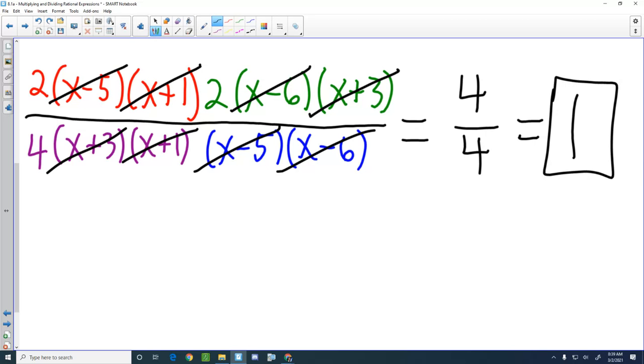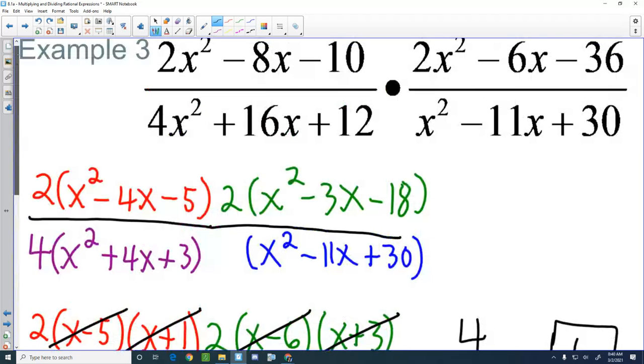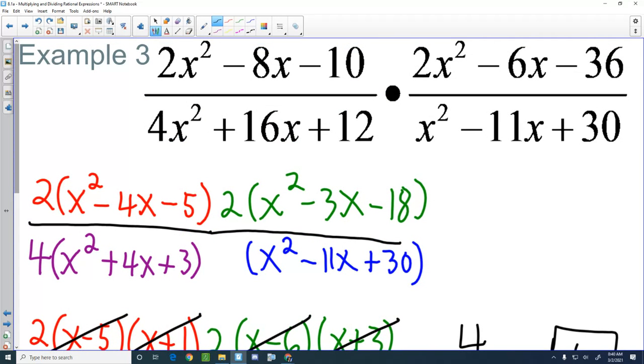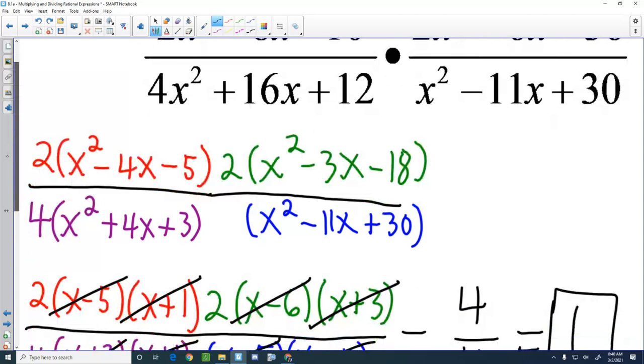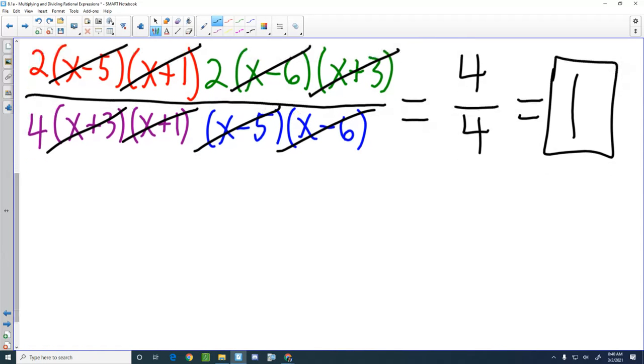How crazy is that, right? Anyone think that ever happened? Look at what we started with, that insanity that you're like, I'm not even going to write that example down. It's way too much. But that whole thing simplifies to just 1.